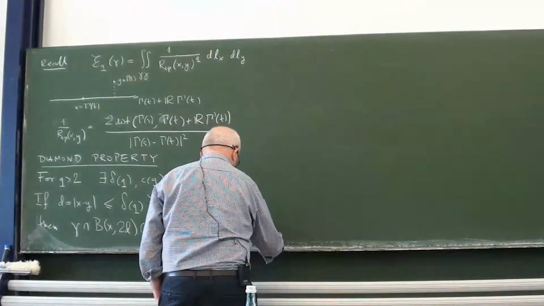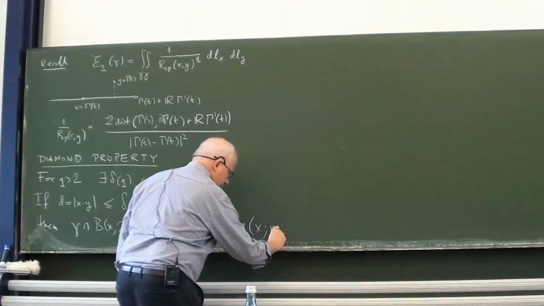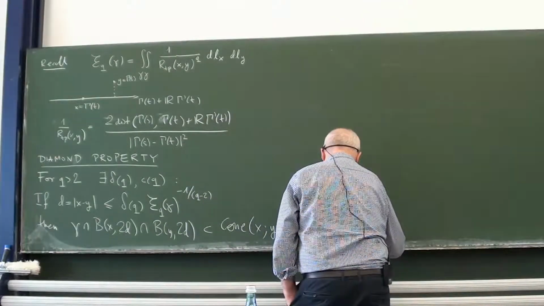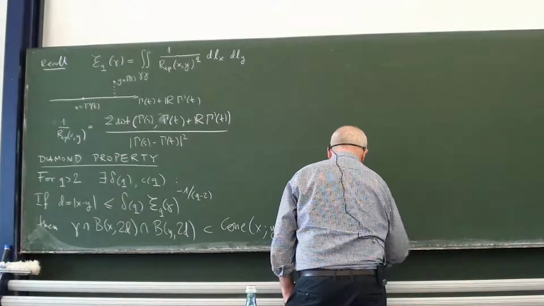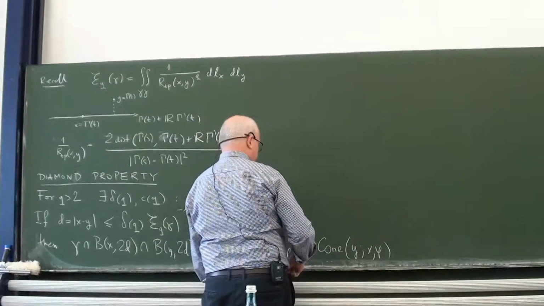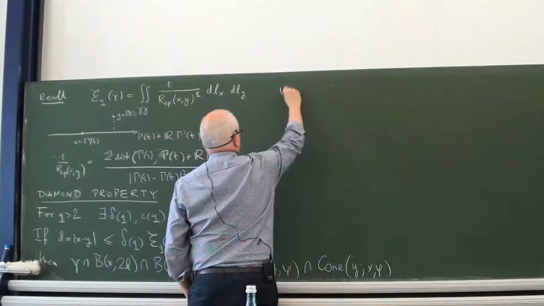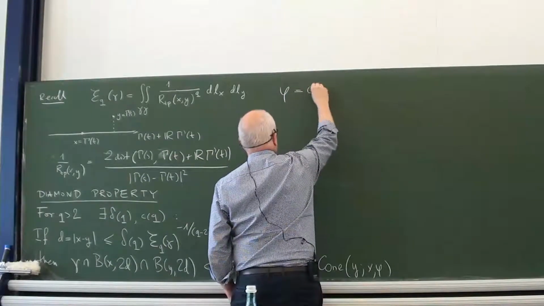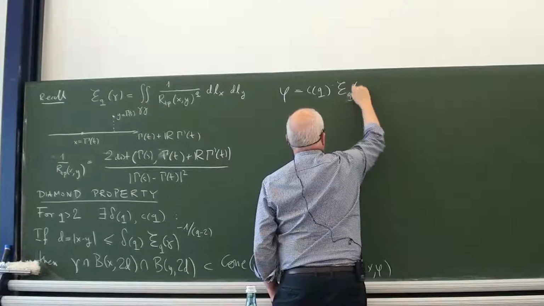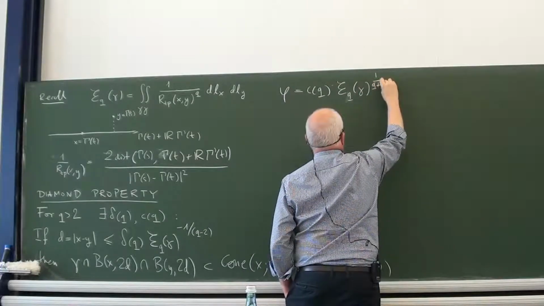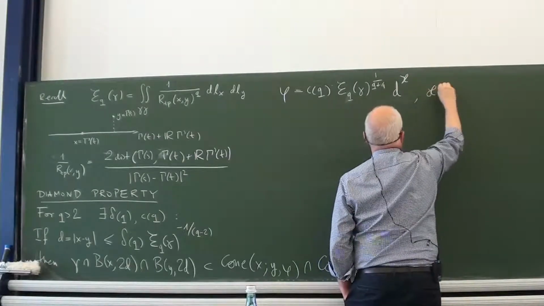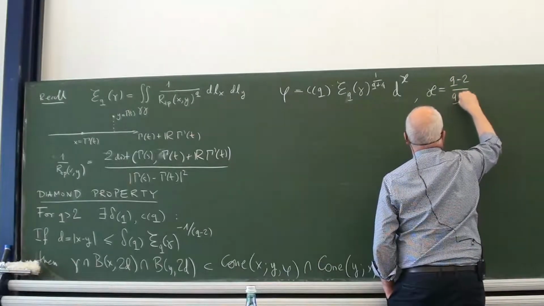Say the cone with vertex x, axis given by y, and angle phi, intersected with the second cone with those two points reversed, and you can take here phi equal to this second constant c of q times the energy of gamma to the 1 over q plus 4, times d to some positive power, which was given by q minus 2 over q plus 4.